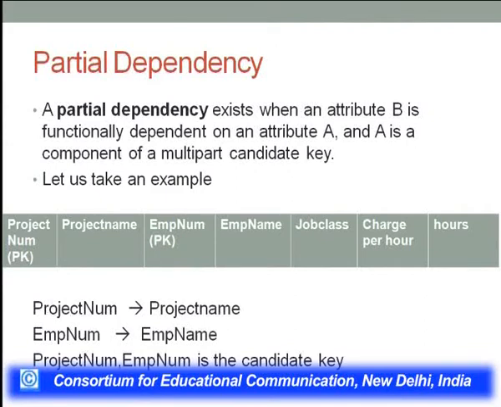So, partial dependencies exhibit the possibility of data redundancies existing in the databases. This is an indicator that the databases are not in a pure consistent form.